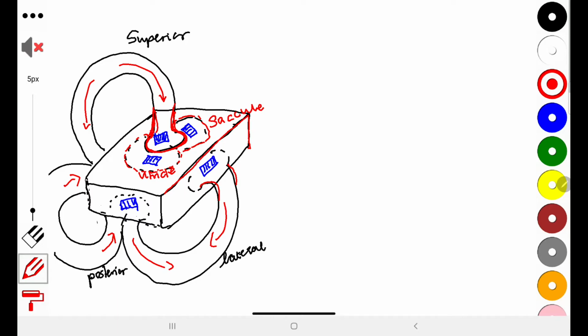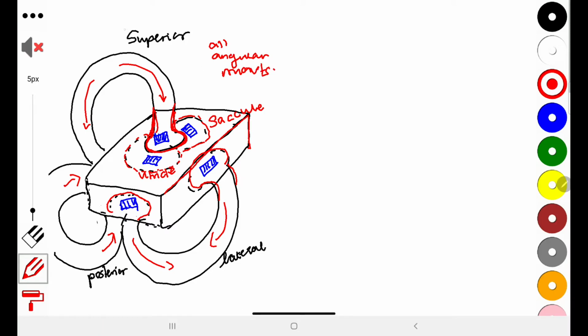So why do we have them at an angle? So that all angles or angular movements are detected.